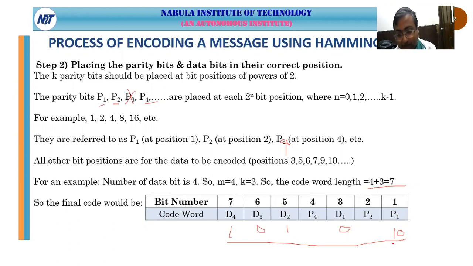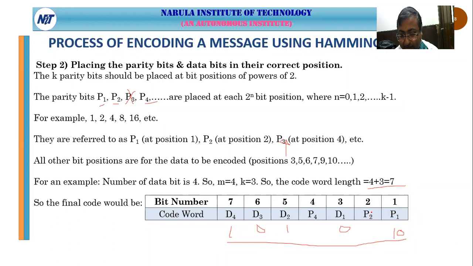For P2, consider 2 bits, including P2, then skip 2 bits. That means we should check P2 and D1, then skip 2 bits, P4 and D2 are skipped, then D3 and D4, but not considering P1.